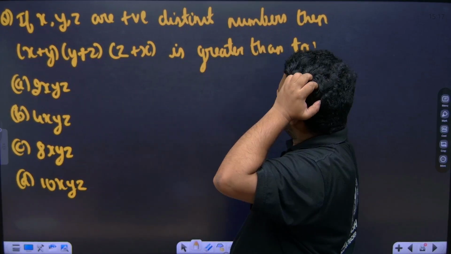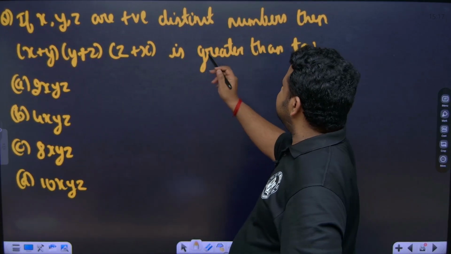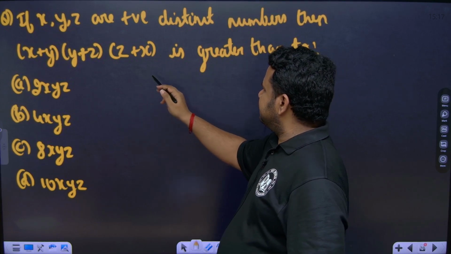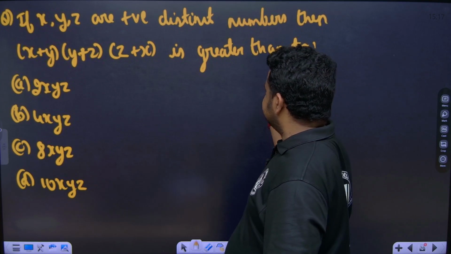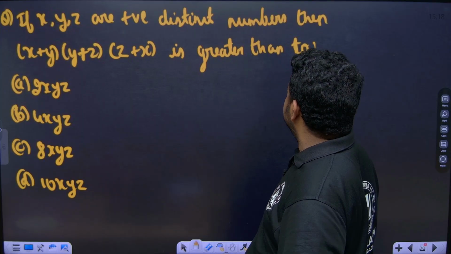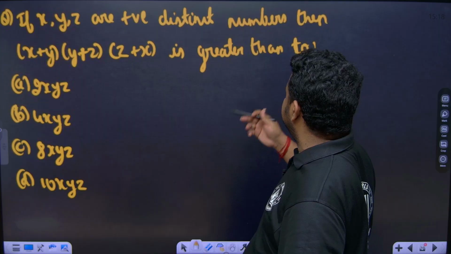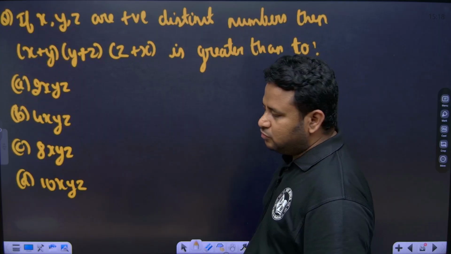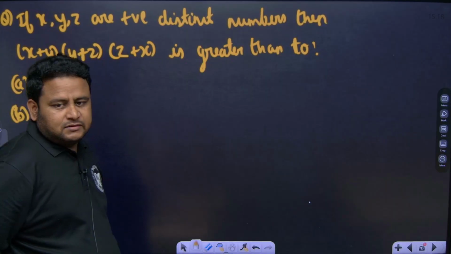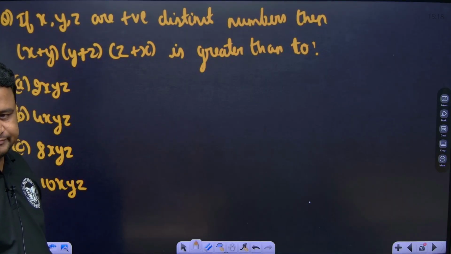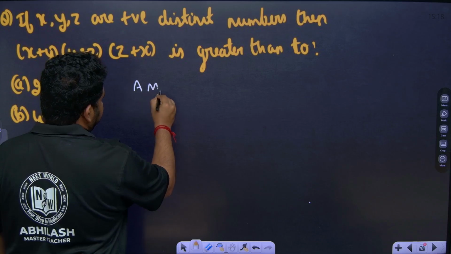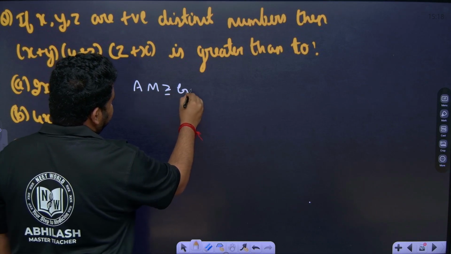They are telling that if x, y, z are positive distinct numbers, then (x plus y)(y plus z)(z plus x) is greater than what? So we can use what I told you: arithmetic mean is greater than or equal to geometric mean.